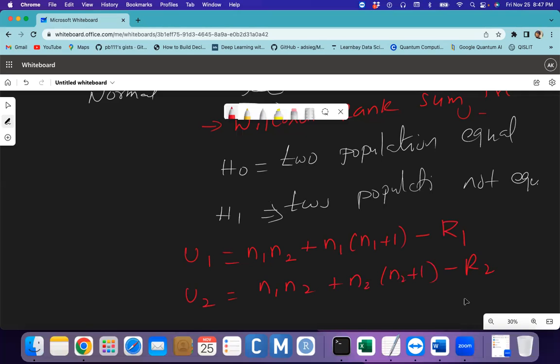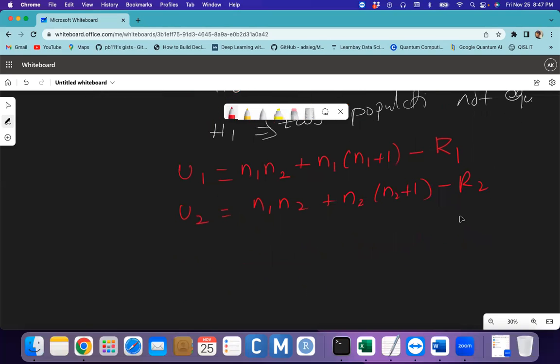When we have these two things, we can find the U value. It's a very simple thing: the smallest of the absolute values of U1 and U2. Absolute in the sense that even if you get a positive or negative value, you take the absolute value, and whichever is smallest is considered the U value.